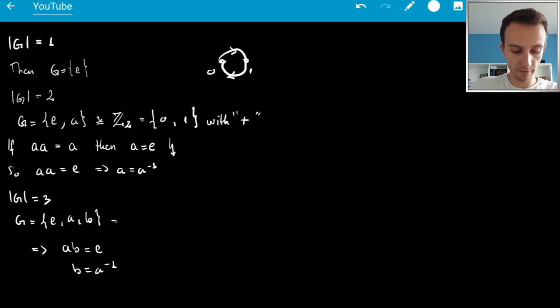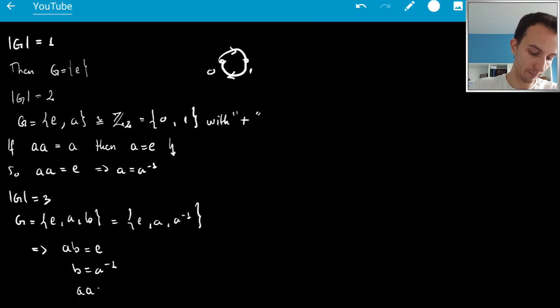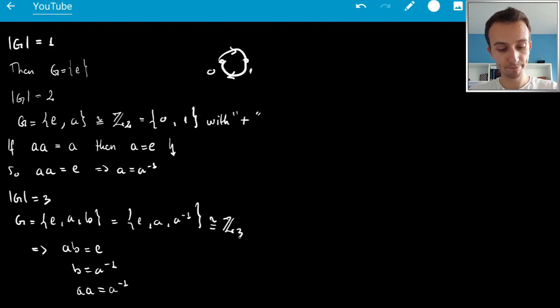And so basically you just have E, A, A squared, because you're going to get that A times A is A inverse as well. I encourage you to try. So then this basically means that it's isomorphic to Z3.